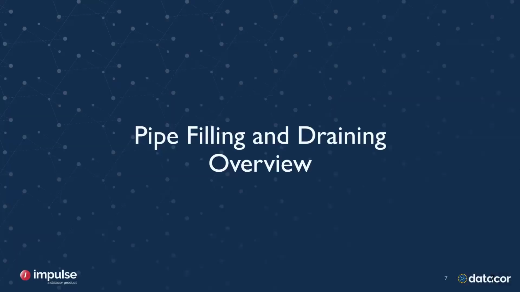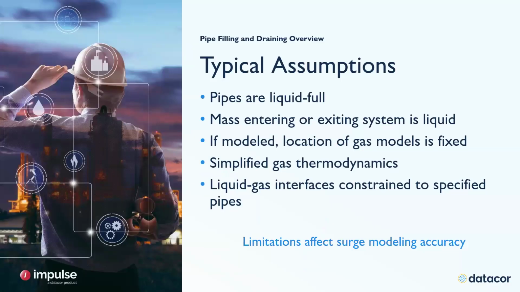So for an overview of the pipe filling and draining feature, software used to model water hammer and other rapid transients in fluids usually assumes that all pipe stations are liquid. It may assume that all of the mass entering or exiting the system is liquid. Any gases and vapors will exist at fixed locations. This is very common in cavitation modeling methods.